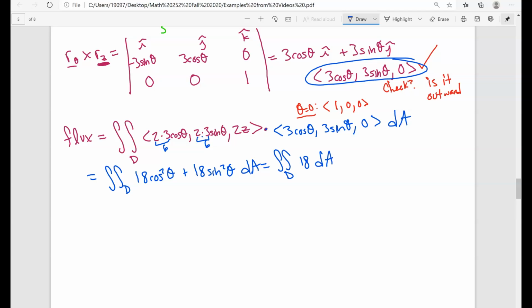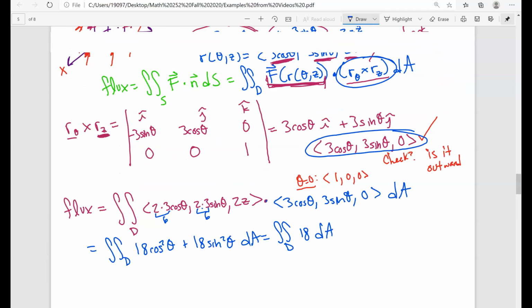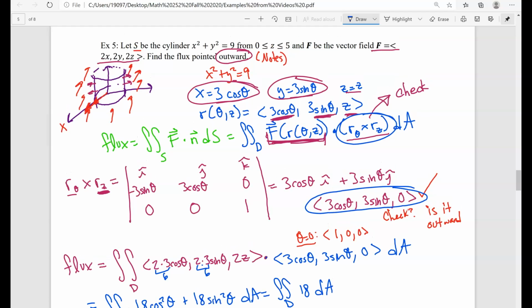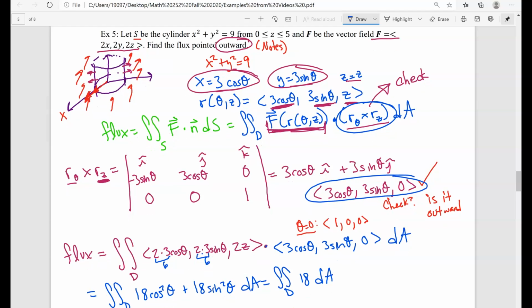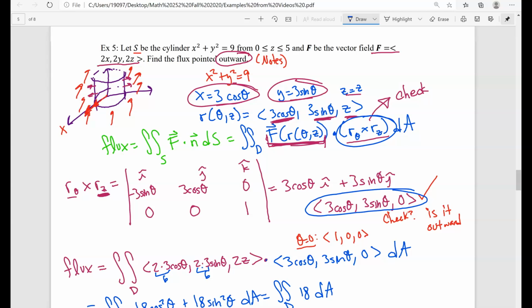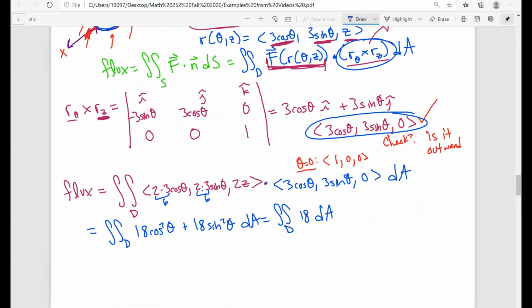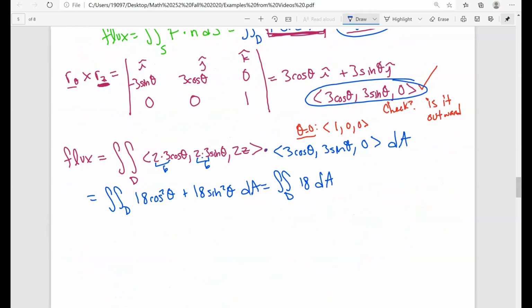Oh, wonderful. Now we have to think about the region itself. Let's go back to our picture. It's just a cylinder, and a cylinder is just a circle. We're looking at z going from 0 all the way to 5. Oh, no, not from the radius, because in this case it's theta and z.